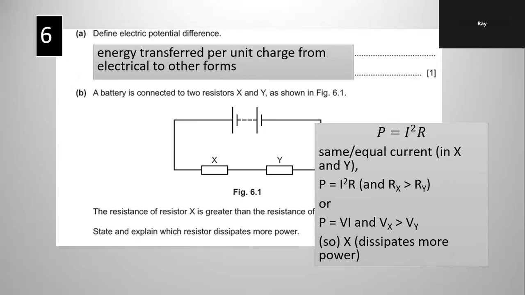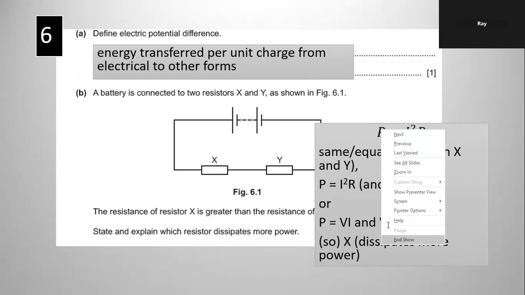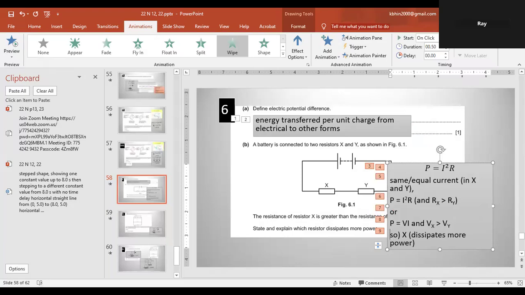Teacher, in what situation will current not be constant throughout the circuit? So either you use current, this one, or use potential difference. Then after that, the final answer is X dissipates more power. That's your second point.